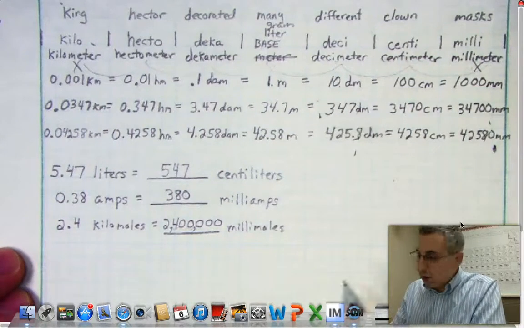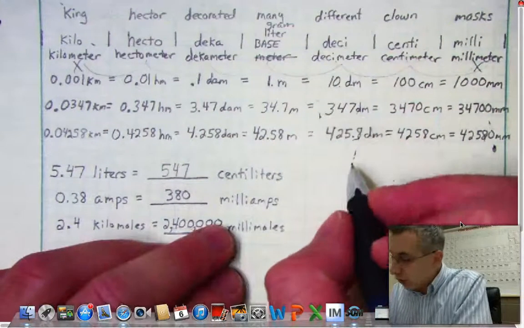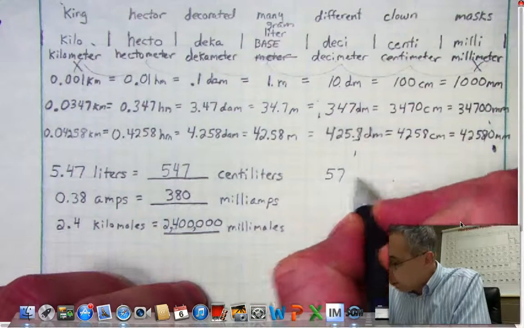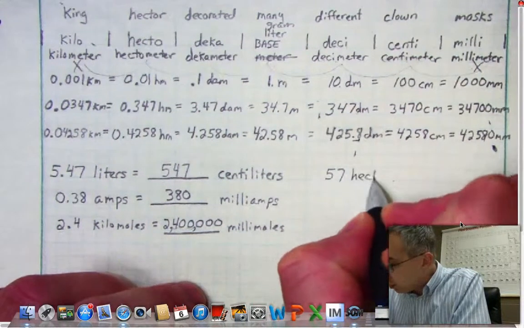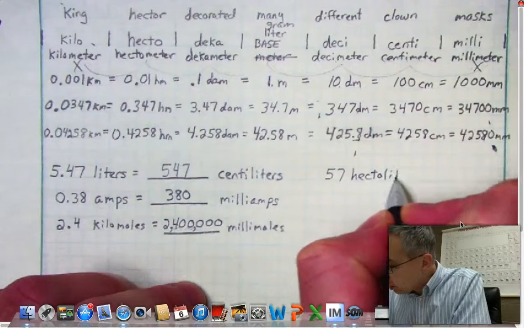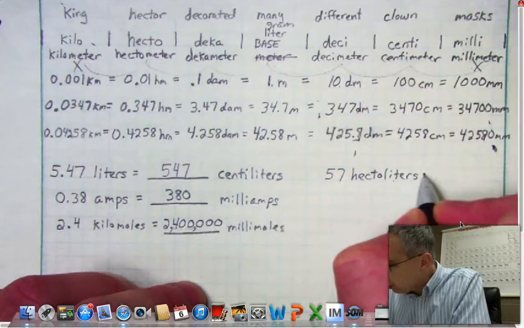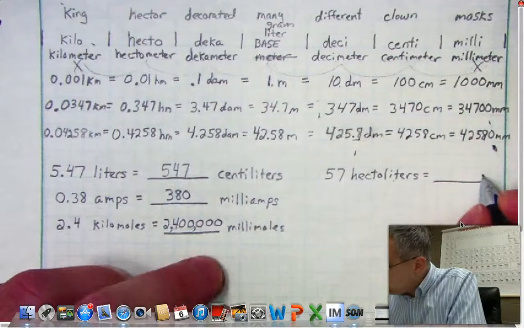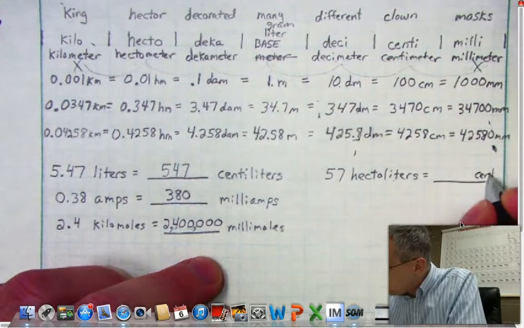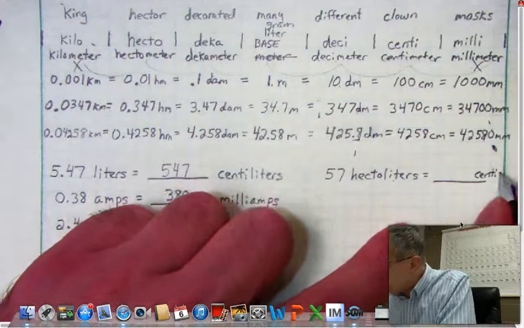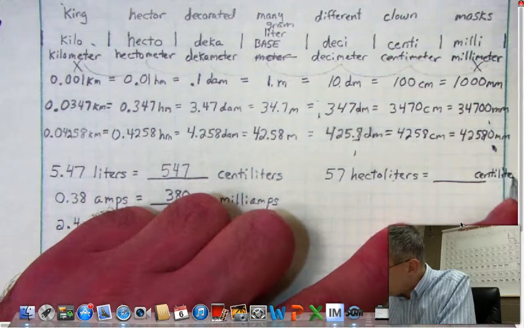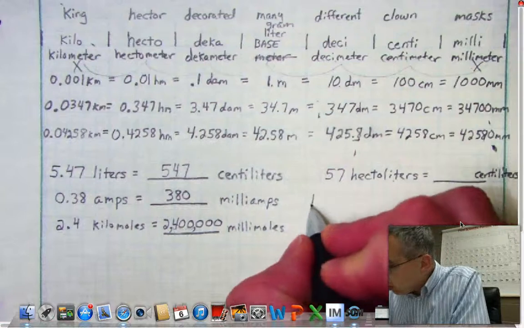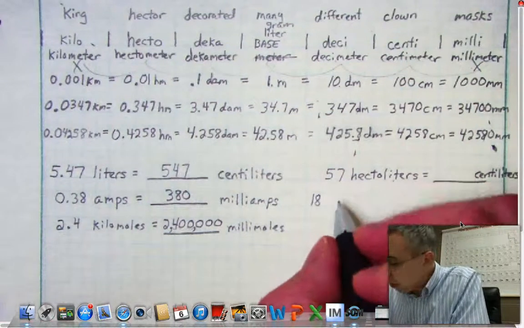Now what I'm going to do here is write down a couple for you to try. Take 57 hectoliters and please turn that into centiliters. I'm running out of room on the page here, so I'm squeezing it in. That's centiliters. And over here, 18 kilograms.